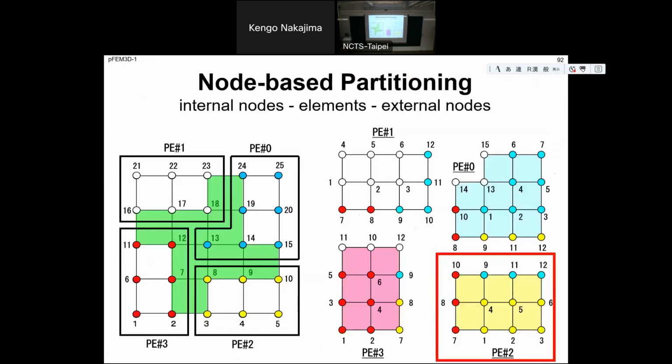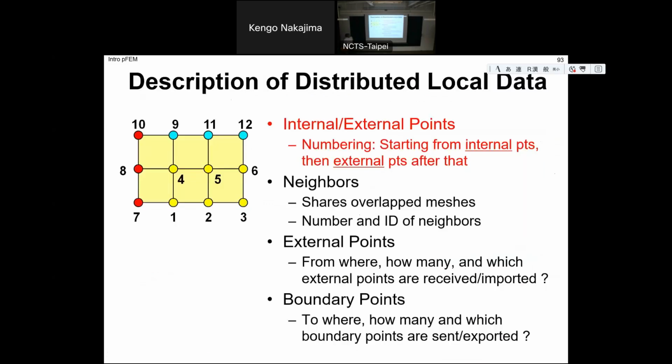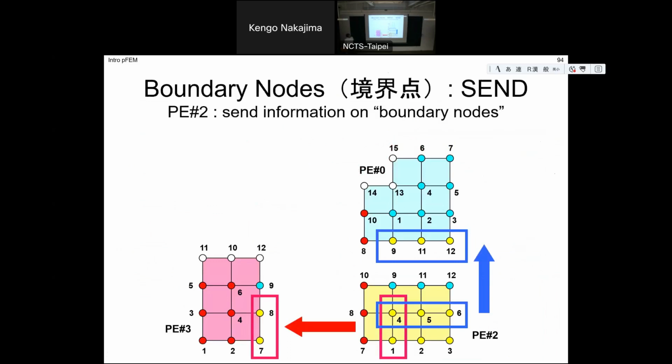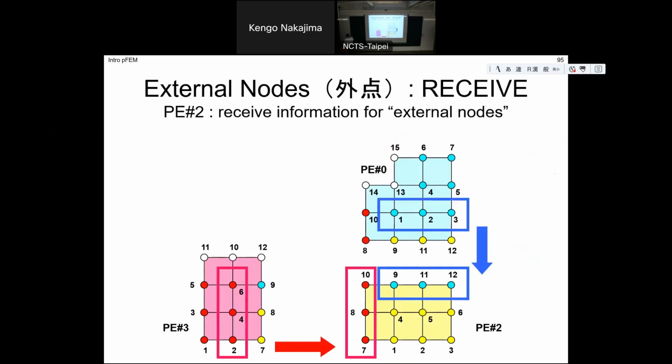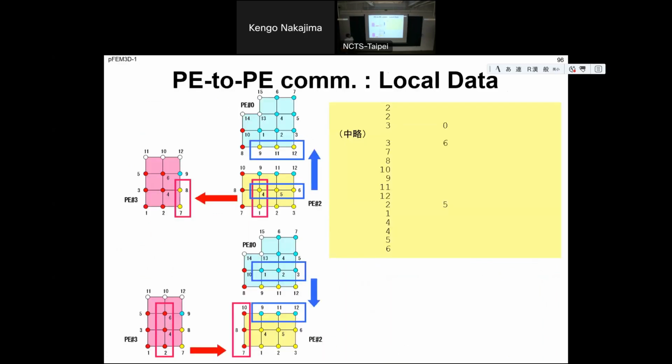Because this is a very simple case, I'll show you a slightly more complicated case using this 2D case. So this is a sending part, and this is a receiving part. For example, in this case, let's think about number 2.